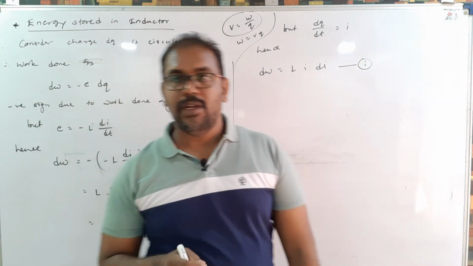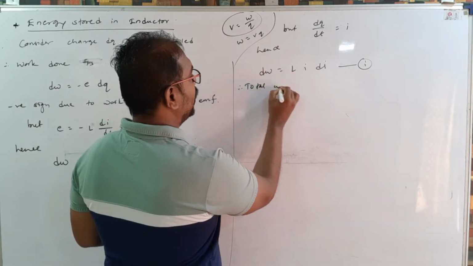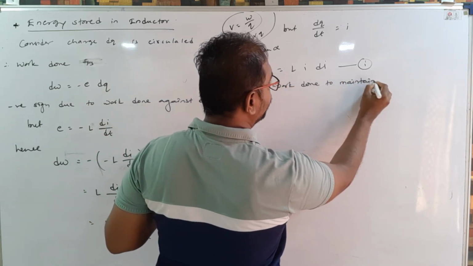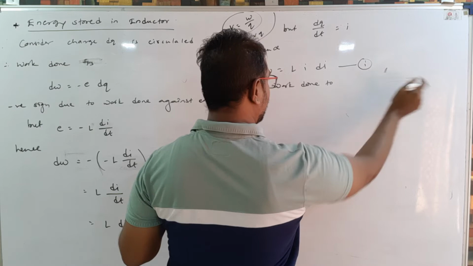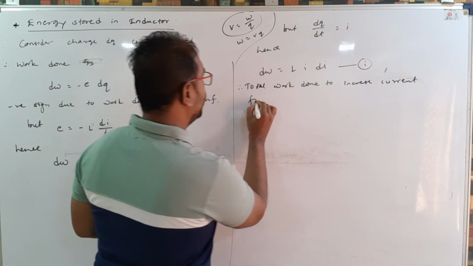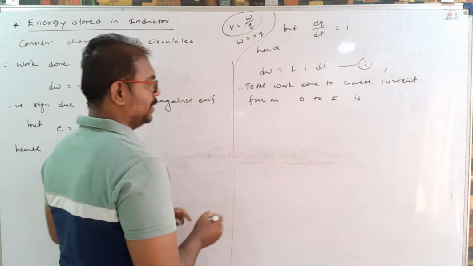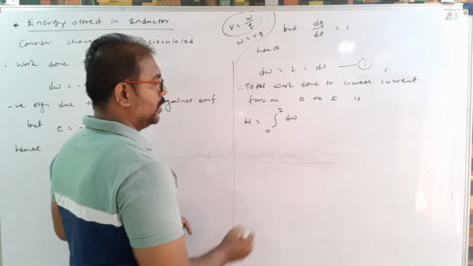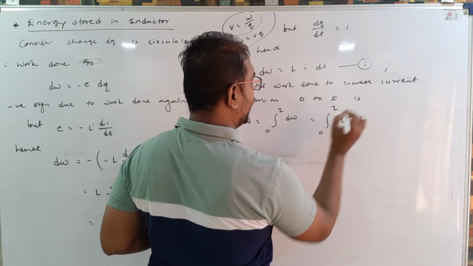So basically, the total work done to maintain current, or to increase current from 0 to I, capital I, we can write as integration 0 to I of dW. So 0 to I is the limit. So L I di I can write.